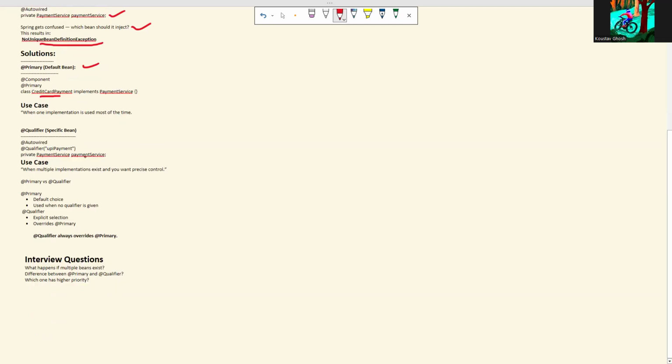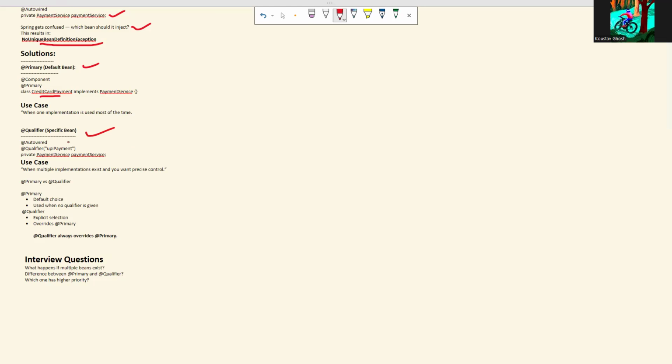Now the second concept is that we will not set the default one. We will handle it through our code. Suppose we don't want to change configurations like this primary annotation, removing it and putting it in a different class. We don't want to do multiple deletions and insertions.